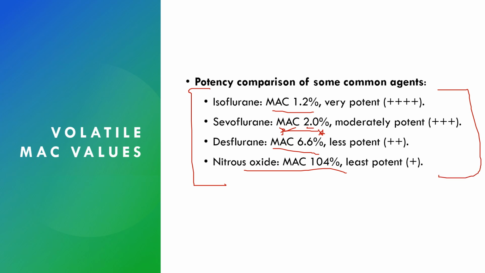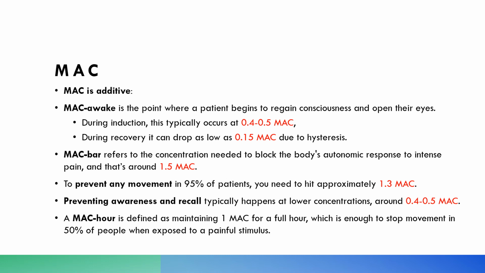It's a value of potency, all right? Because it relates to the percentage of gas that it takes to achieve 1 MAC. So 1.2% of isoflurane. So it's the most potent gas we use. Sevoflurane 2.0. So it's moderately potent, and so on. All right, so MAC is going to be additive, all right?